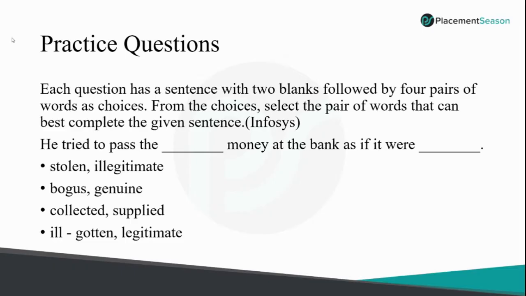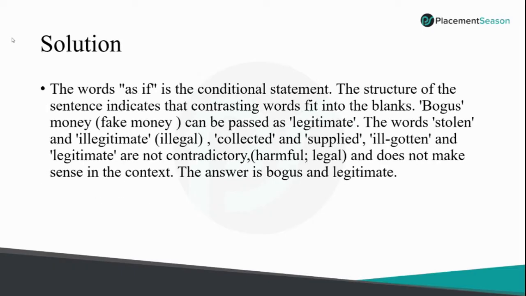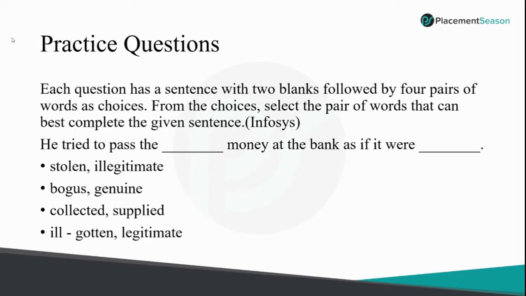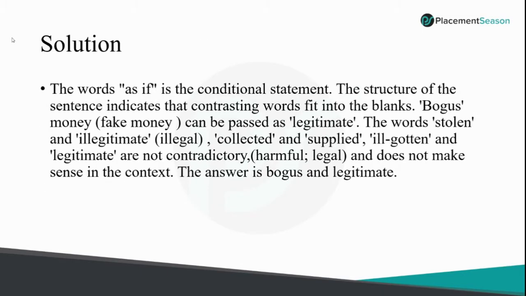Let's see the answer. To pass the dash money at bank as if it were dash. Stolen, illegitimate, bogus, genuine, collected, supplied, ill-gotten, legitimate. The phrase "as if" signals a contrast.